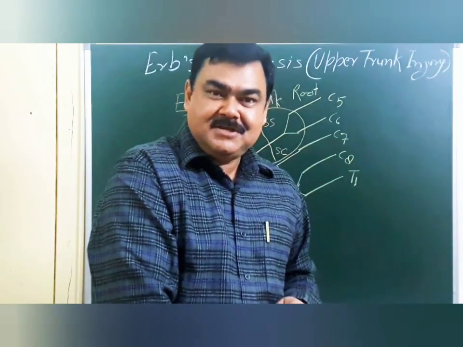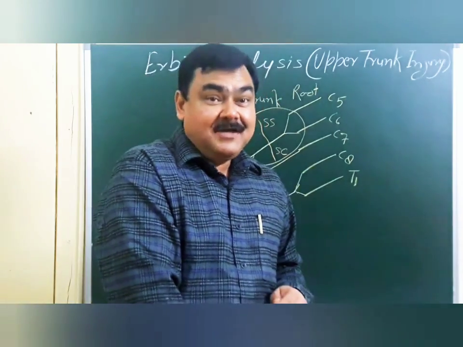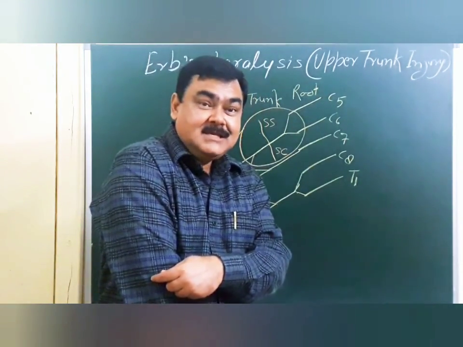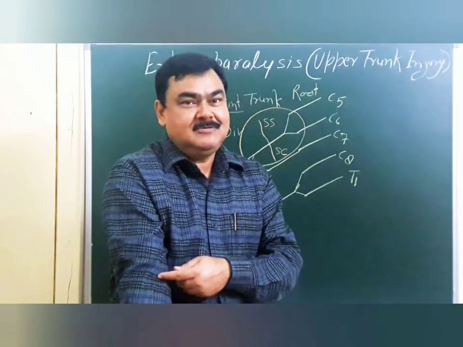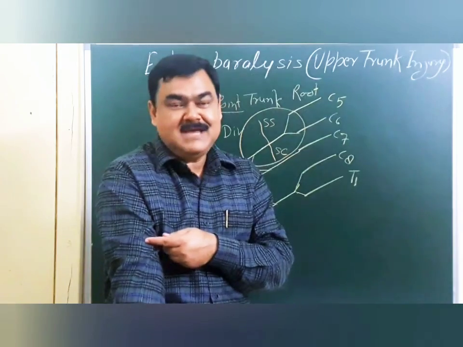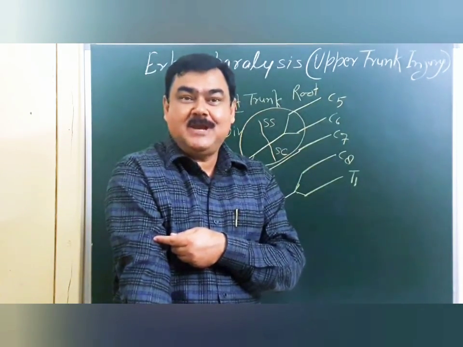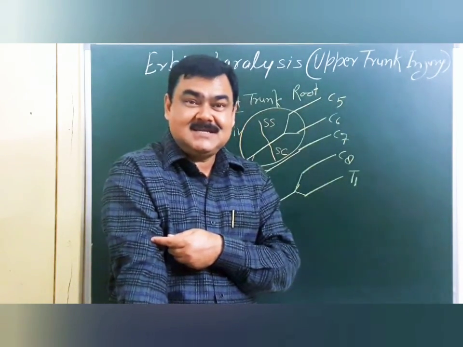So this is the reason why the hand is medially rotated, and the reason why it is extended is because flexors of the elbow joint are paralyzed. Which muscle is flexor? Biceps brachii. Biceps brachii is supplied by musculocutaneous nerve, and root value of musculocutaneous is C5, C6 and C7.